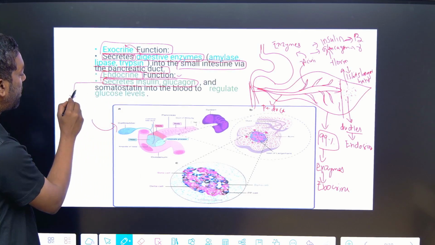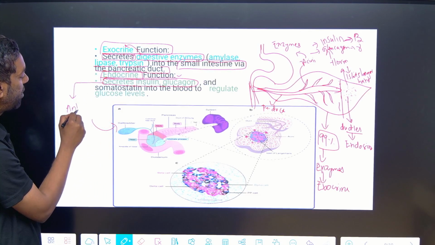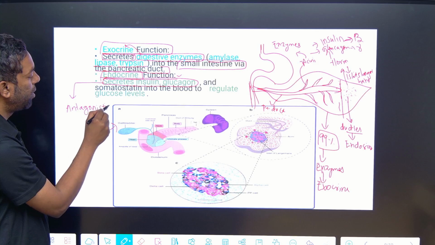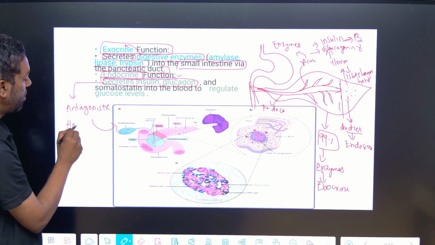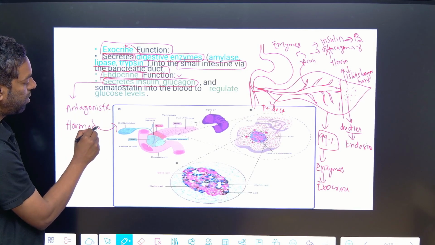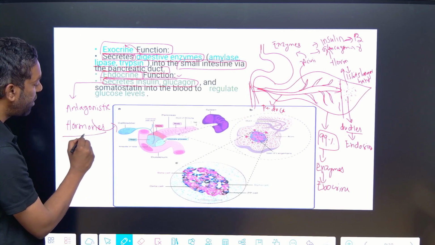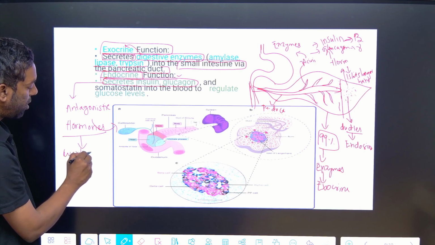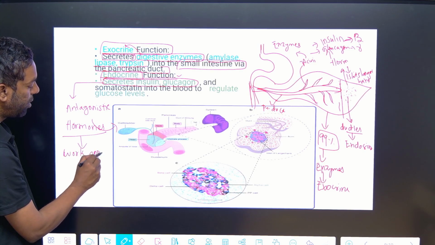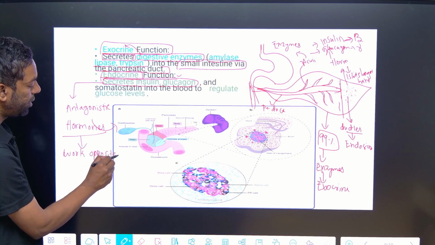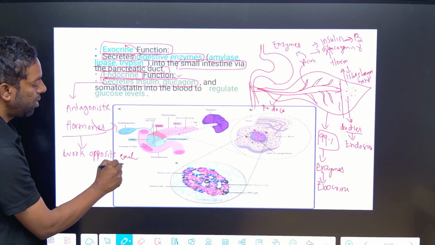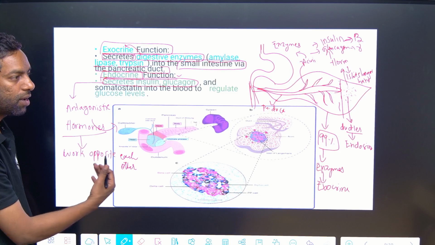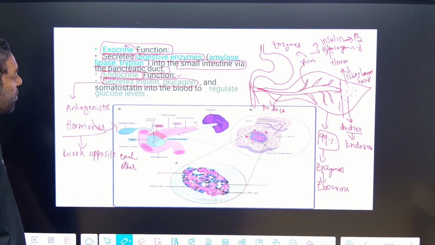Insulin and glucagon are antagonistic hormones. Antagonistic means they work opposite to each other.